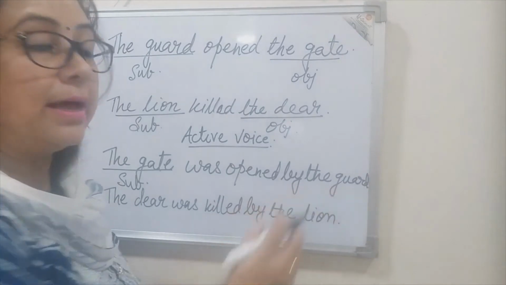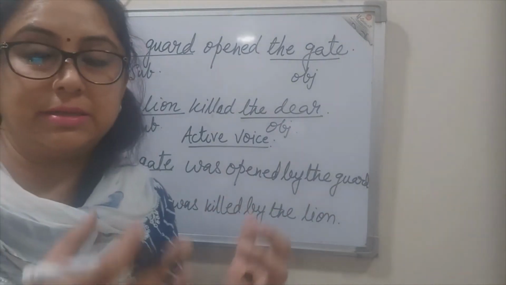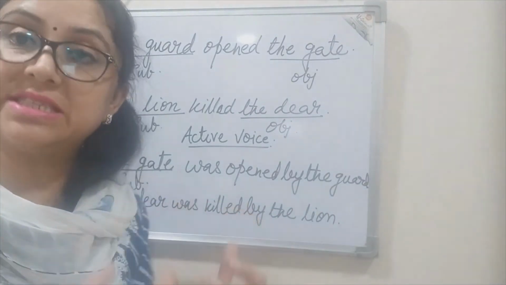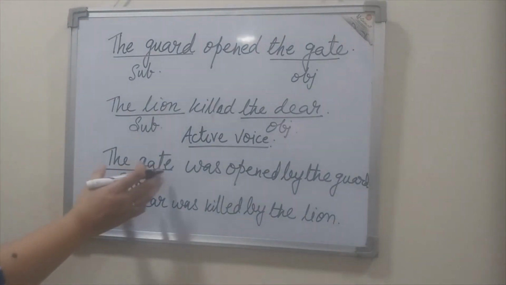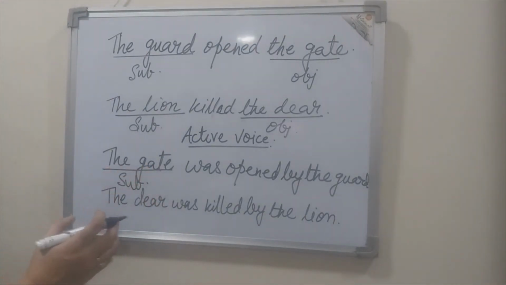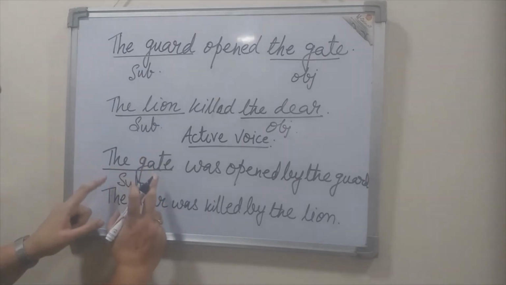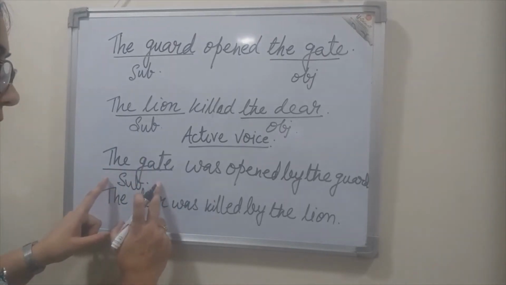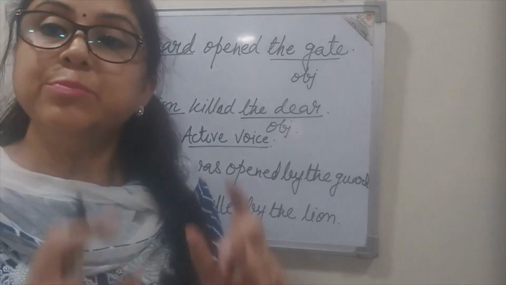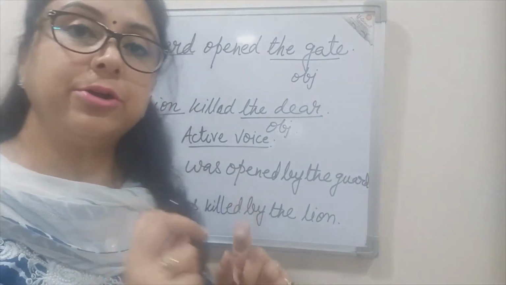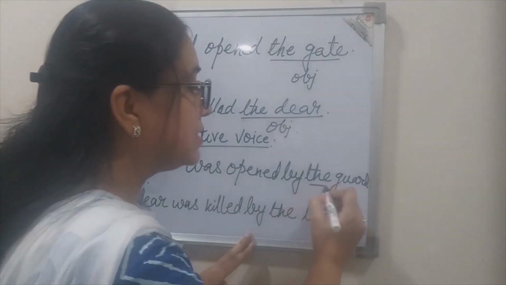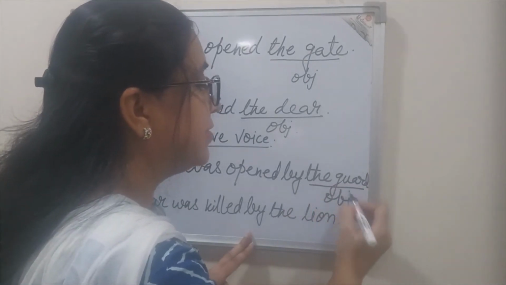Obviously, the guard. And the action is received by whom? Obviously, the gate, isn't that? But in this sentence, the gate is at the subject's place and the performer, that is the doer of the action, is at the object's place, right?